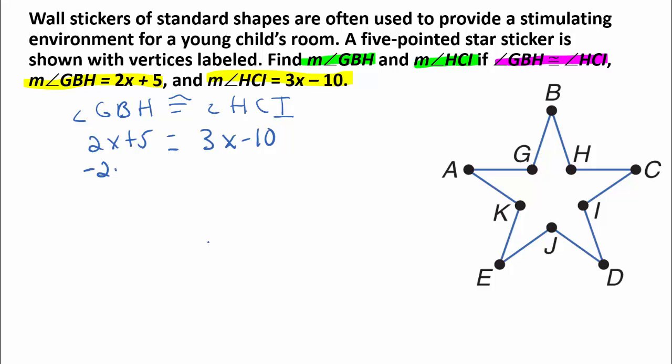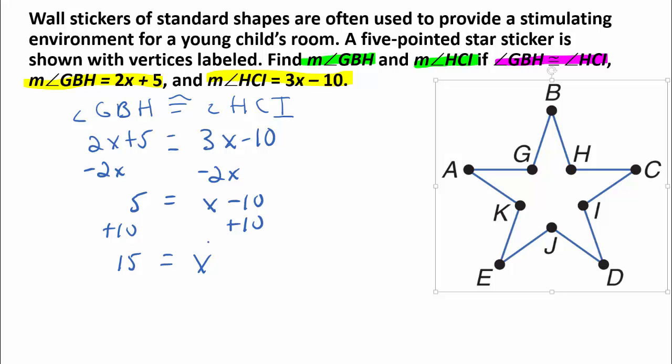Let's go and subtract 2x from both sides. Leaves us with 5 equals x minus 10. Add 10 to both sides, and x equals 15. But they want to know what the measure of angle GBH is equal to.